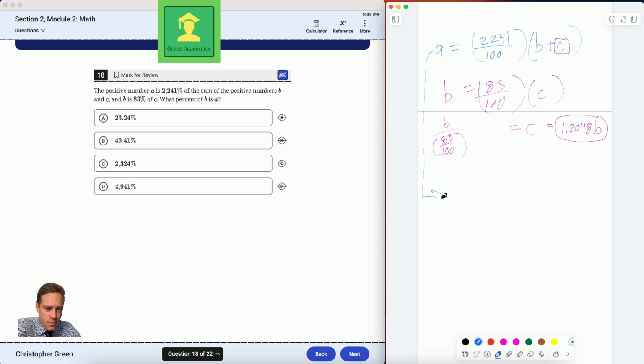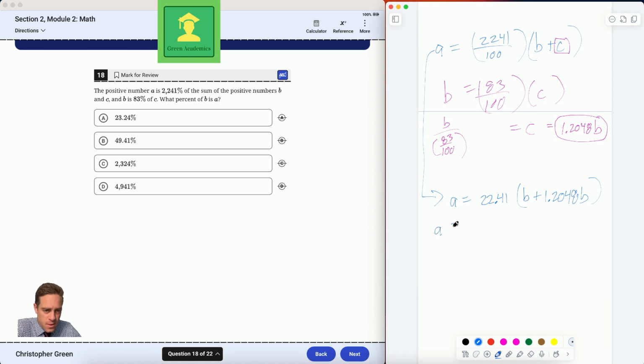So now I'm looking at a is 22.41 times b plus 1.2048 b.